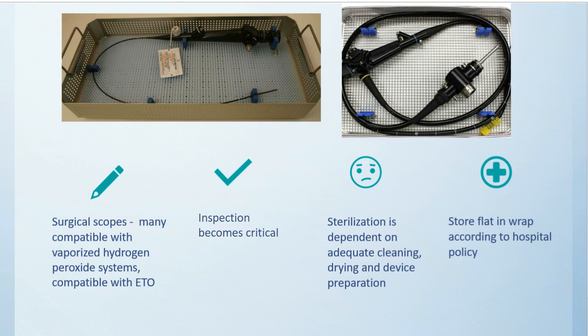So if you have a bronchoscope and you have the ability to run that in, for example, STERRAD or VPRO systems in your hospital, then why aren't you doing that? It's a high-risk scope. It's a very sick patient population. We should be sterilizing those. So that's one of the first things I look at when I come in to audit facilities. What are you doing with your bronchs?